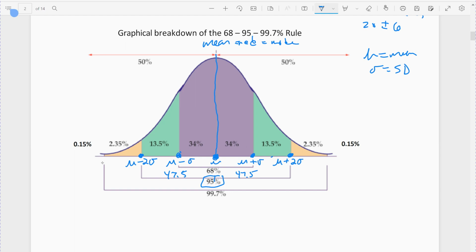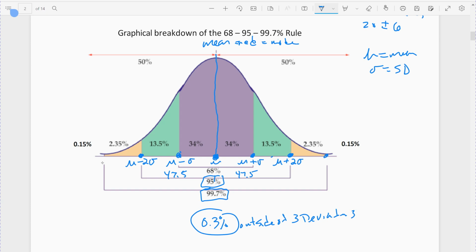All right, so then the last one. Last one is our 99%, almost all, 99.7%. The only thing that's left over would be 0.3%, which is outside of the 3 standard deviations. So if I pick a value, 99.7% of them will land within 3 standard deviations.